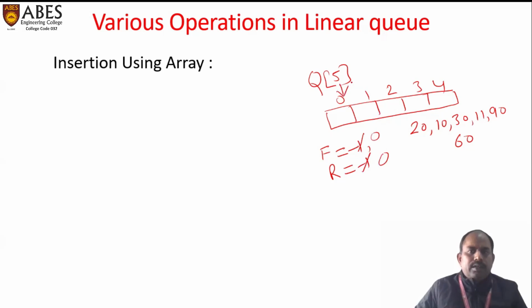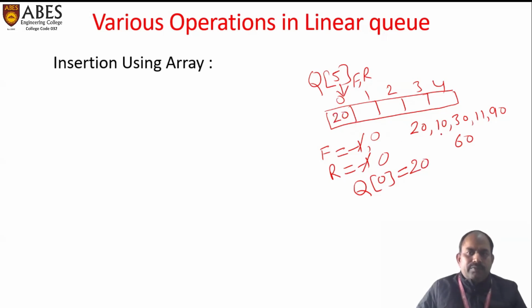So front is set at this position and rear is also set at 0. Now we have to insert element 20 at the 0th index. As per the algorithm, value 20 is inserted at the 0th index. So this is 20 now.